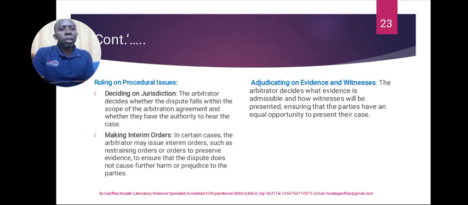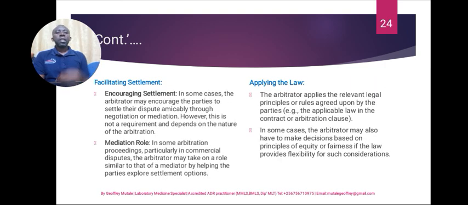As an arbitrator, you must be in a position to adjudicate on evidence and witnesses. So the arbitrator must be in a position to decide what evidence is admissible and how witnesses will be presented, ensuring that the parties have an equal opportunity to present the case. So both parties must have a chance to present, but in a fair manner.